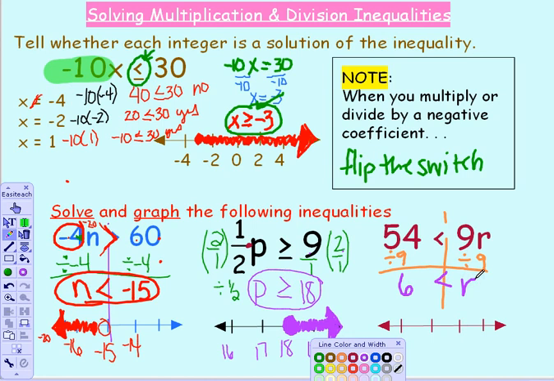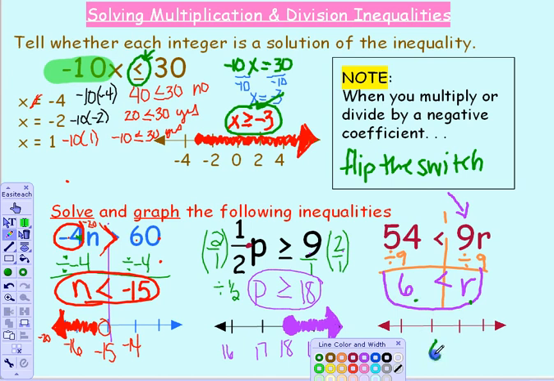So we don't have to flip the switch on this one because that 9, that coefficient, 9 is a positive. So we leave the sign just how it is. We can leave this as 6 is less than r. If we read this backwards, r is greater than 6.